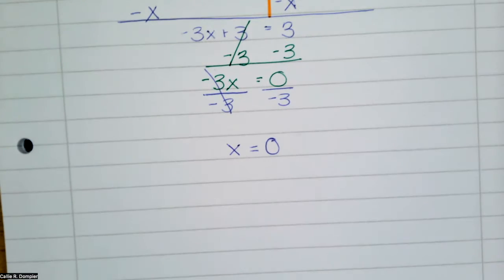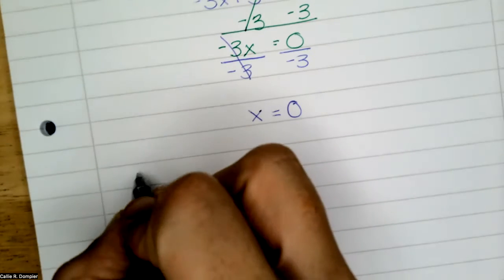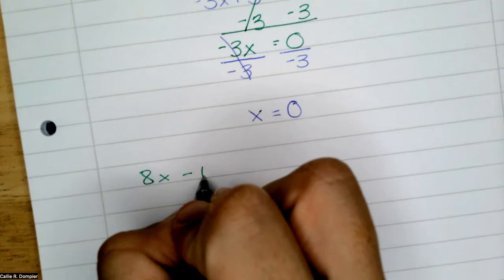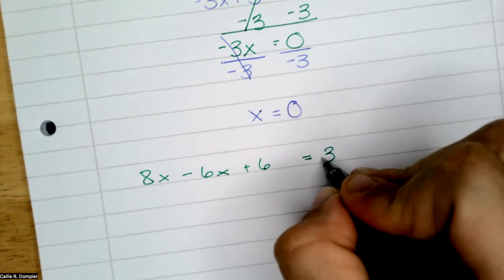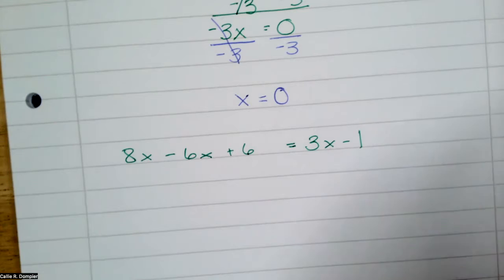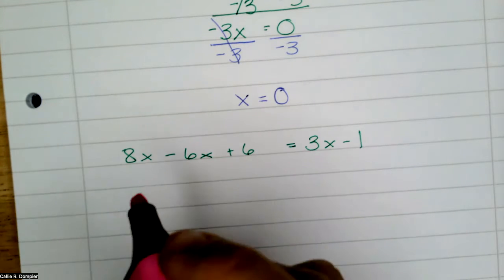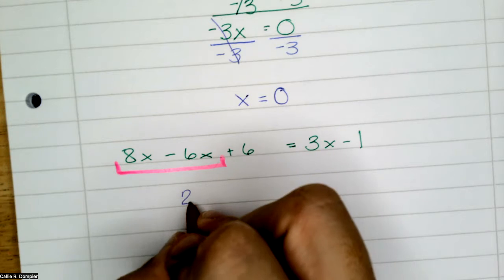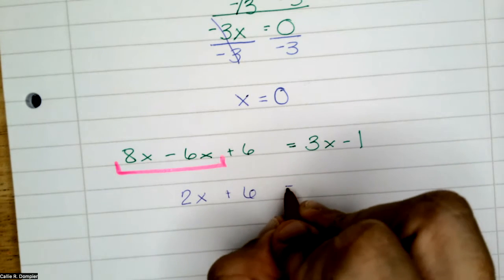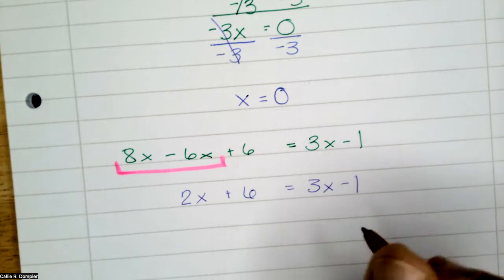X is 0. A different example might be 8x minus 6x plus 6 equals 3x minus 1. Good, all right, so again, you can combine like terms on one side. 8x minus 6x is a 2x plus 6 equals 3x minus 1.